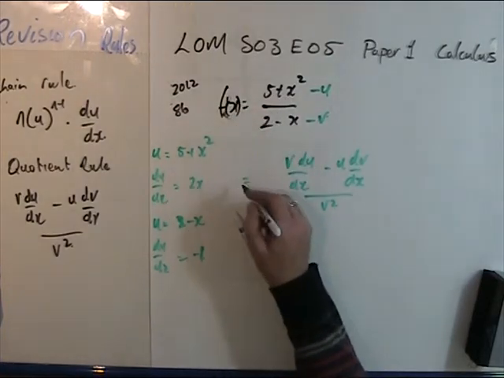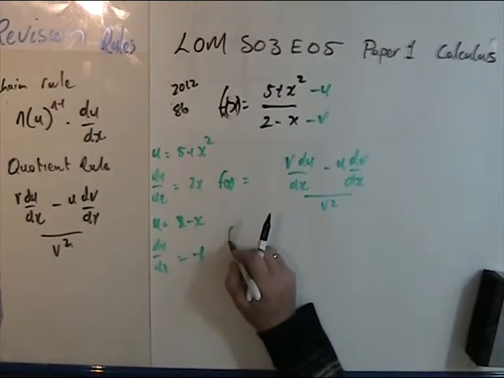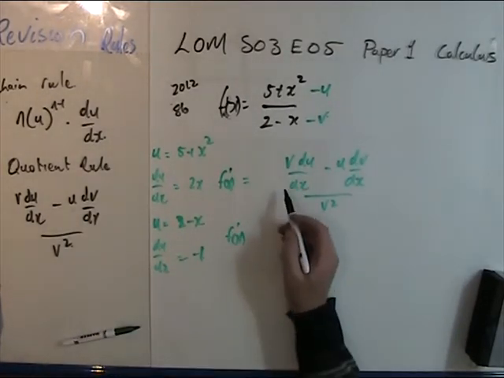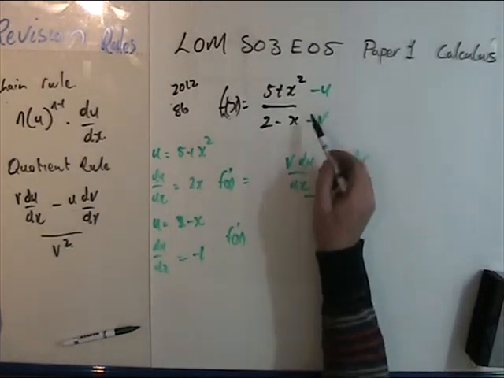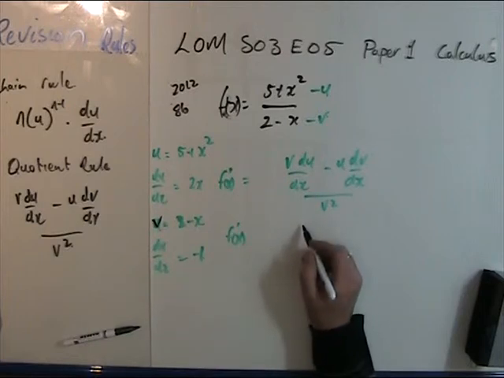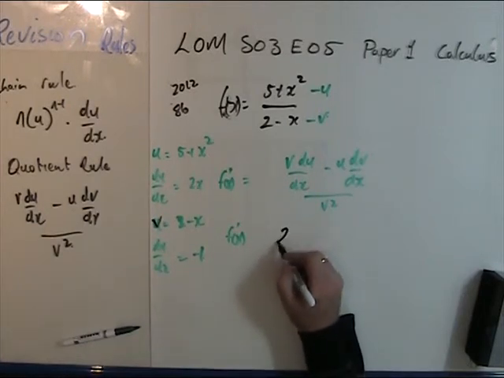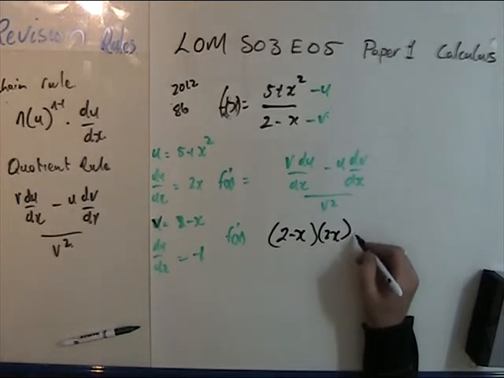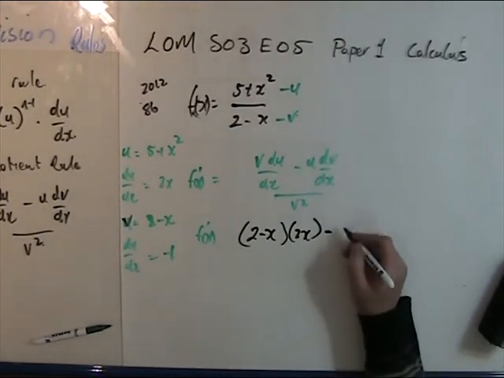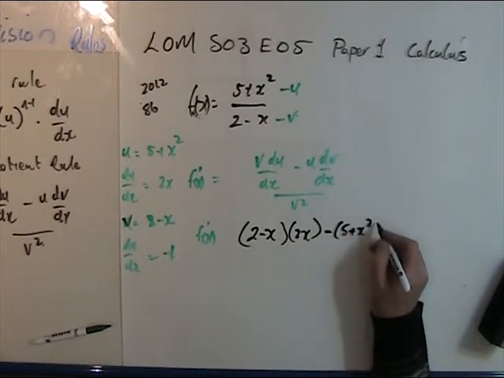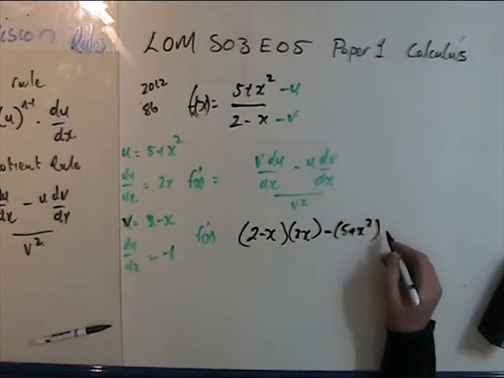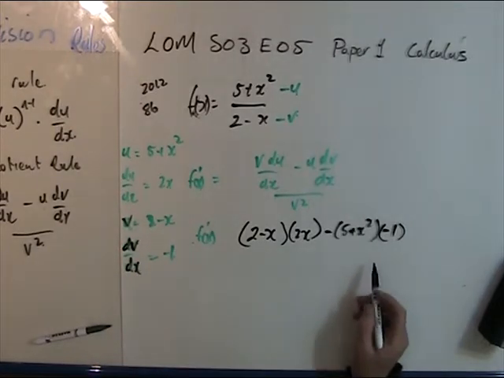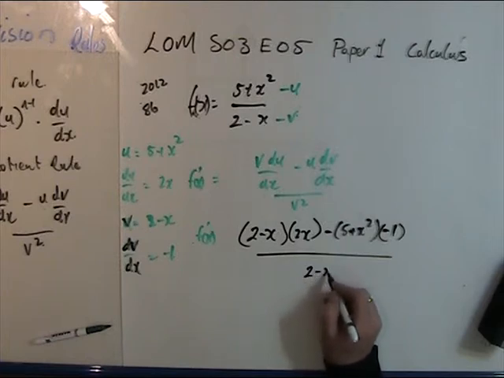So the derivative of f of x is going to equal v, which is 2 minus x, times du dx, which is 2x, minus u, which is 5 plus x squared, times dv dx, which is minus 1, all over v squared, which is 2 minus x all squared.